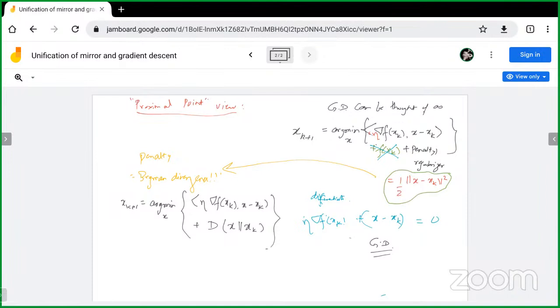What is the Bregman divergence? Remember I have a function h here. So this is h of x minus h of x_k here.